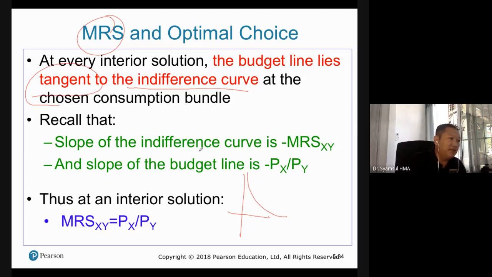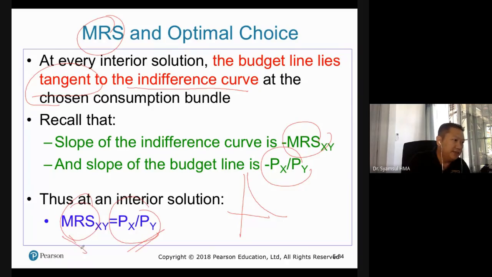Recall that the slope of the indifference curve is negative MRS, and the slope of the budget line is negative price of X over price of Y. So MRS is the substitution rate. Thus the interior solution is that MRS must be equivalent to the price ratio.